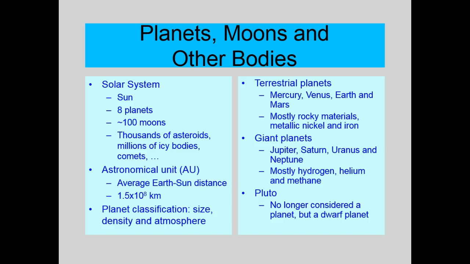All right. Now, let's look at those gas giants. The terrestrial, rocky planets are mostly iron and nickel. The gas giants are mostly gas, hydrogen and helium, with some methane, which I found pretty interesting, because I think of methane as an organic gas.